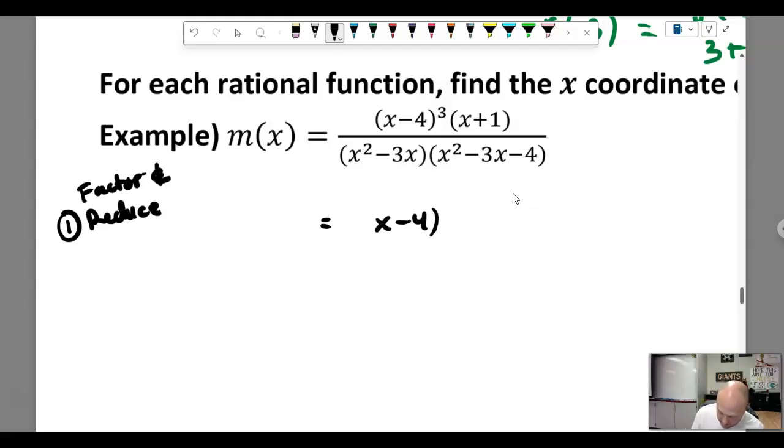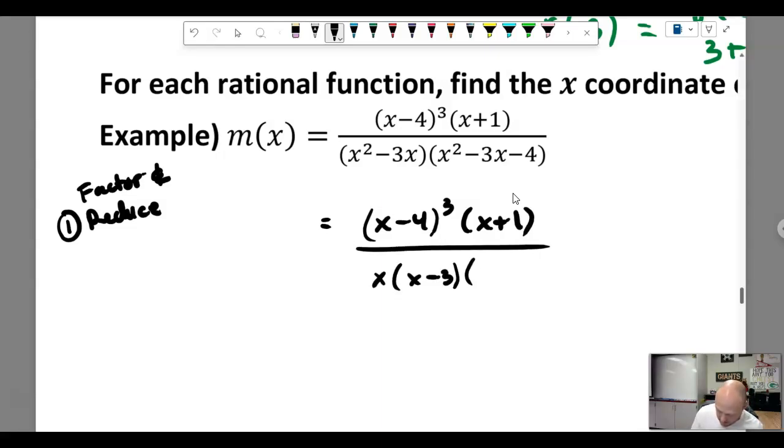I have x minus 4 to the power of 3, x plus 1 over x times x minus 3 times x minus 4, x plus 1, it looks like. And so I'm going to cancel some shared factors. So x plus 1, we got a whole, x minus 4, I only have 1 here though, so that's going to make this a 2, and that is it.